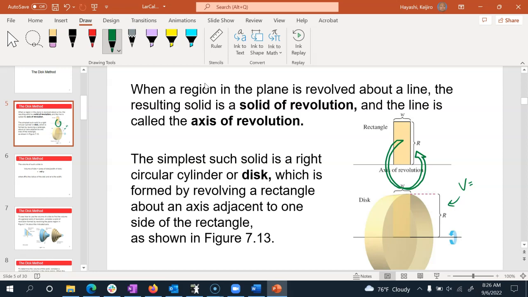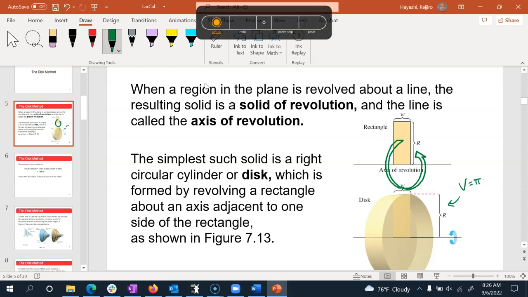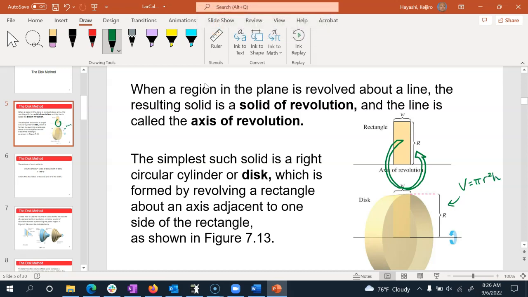In general, the volume of a cylinder is pi r squared h. Except in this case, our radius is a big R, and the h is actually on its side, so the h is actually w. So the volume is pi big R squared w.